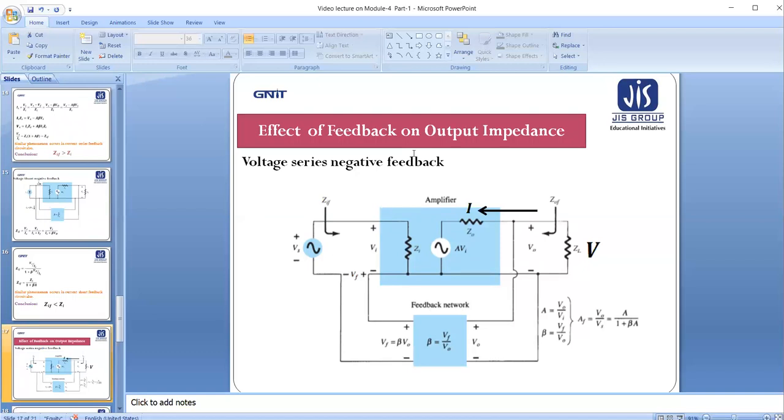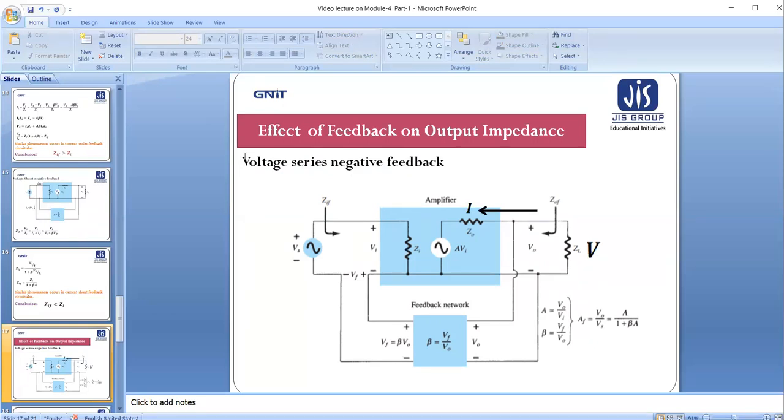It's very interesting and a tricky one, that when we are deriving the output impedance, always look at the output term. The output term is voltage for both voltage series and voltage shunt. So the voltage series and the voltage shunt will employ the same derivation.